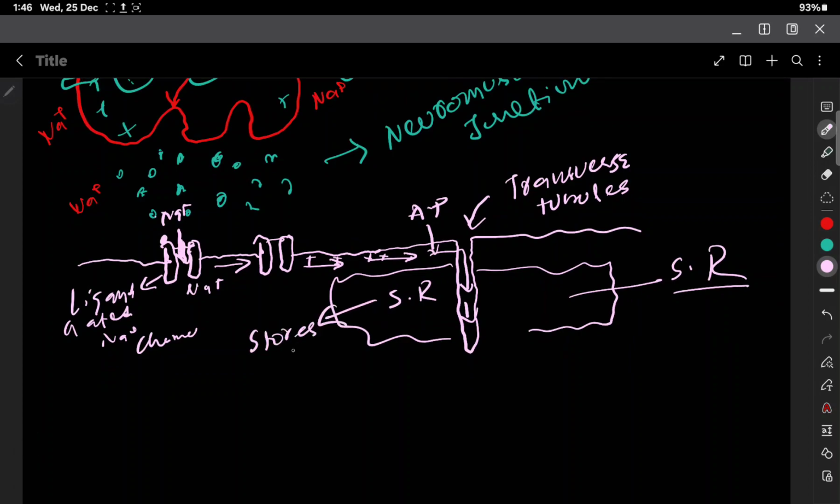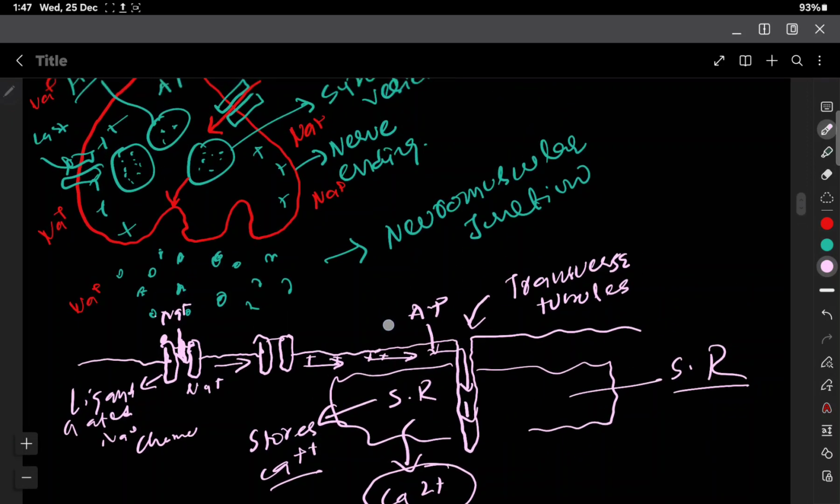It stores calcium, Ca2+. So when this action potential reaches the sarcoplasmic reticulum, it triggers the release of Ca2+, because calcium is responsible for the contraction. So the action potential causes the sarcoplasmic reticulum to release the calcium. Calcium is released here.